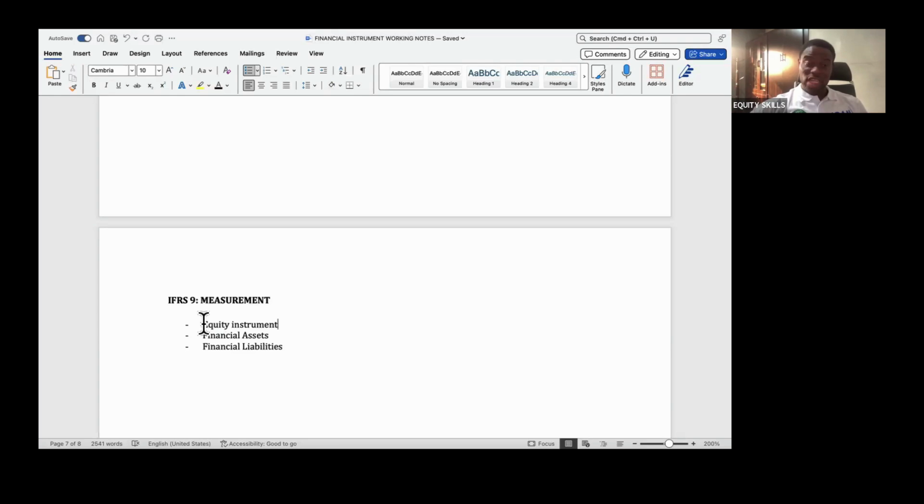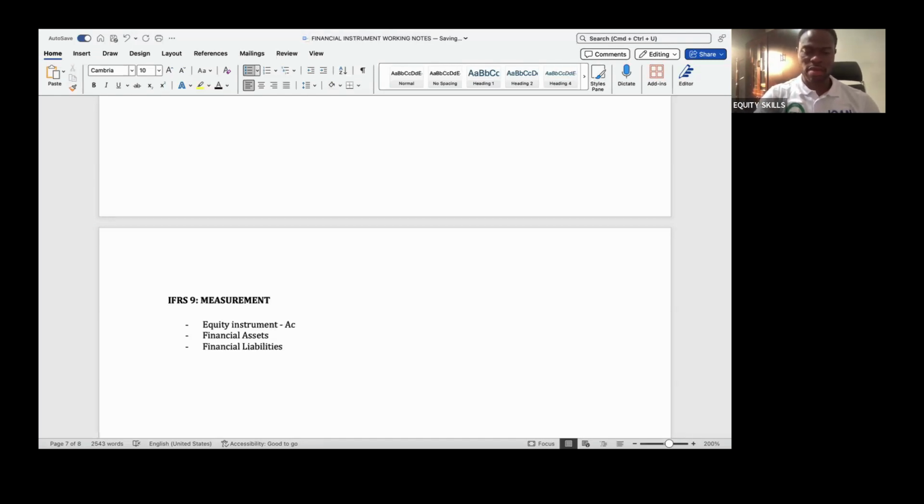ICAN didn't really talk about how you measure equity or share capital, because for share capital, it depends on each country. So in Nigeria, we have a way of measuring share capital as prescribed by CAMA.